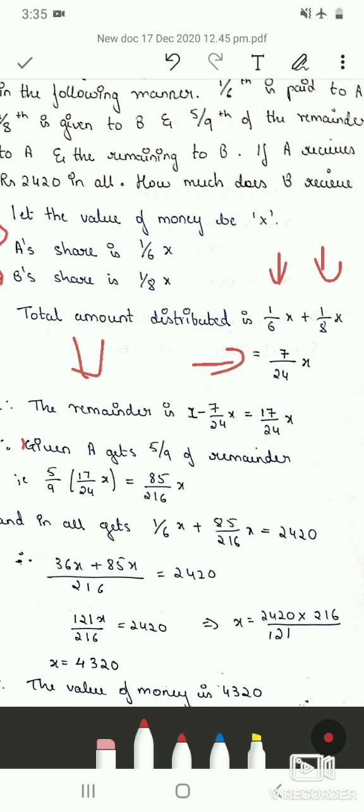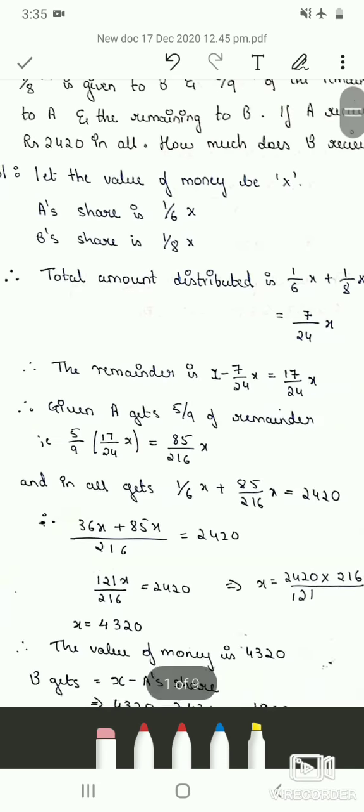So now let us see what is the remainder. To get the remainder, we have to subtract the total amount distributed from the total value of the money, that is 1 minus 7/24, which is nothing but 17/24 x. So now what they have given is, A gets 5/9 of the remainder.